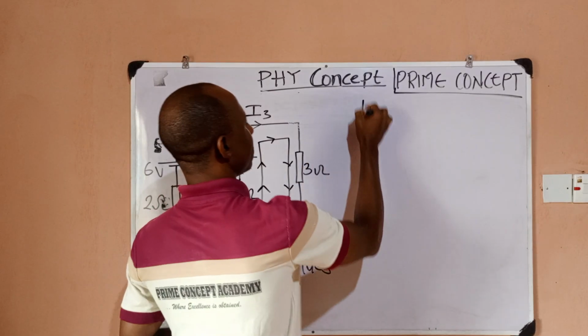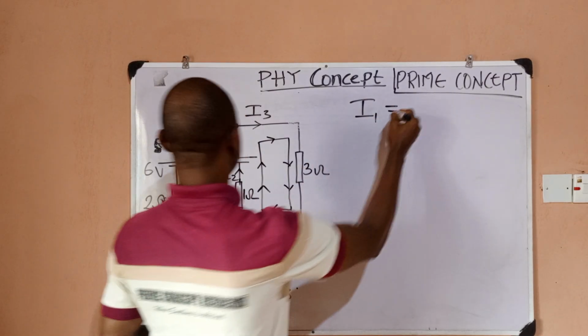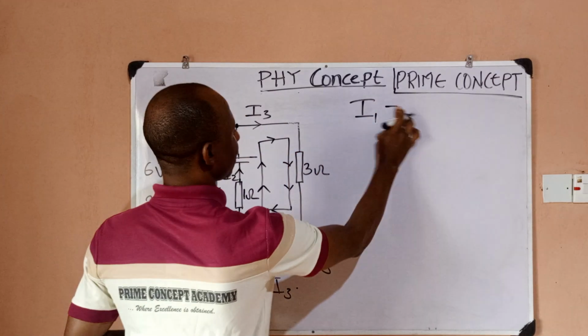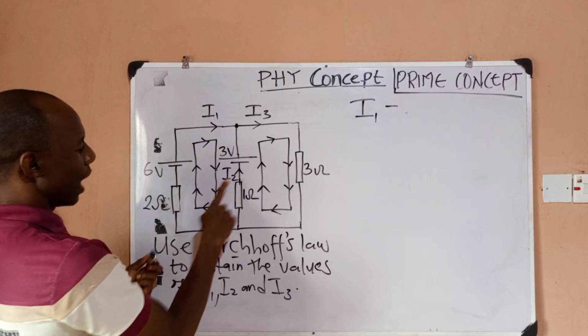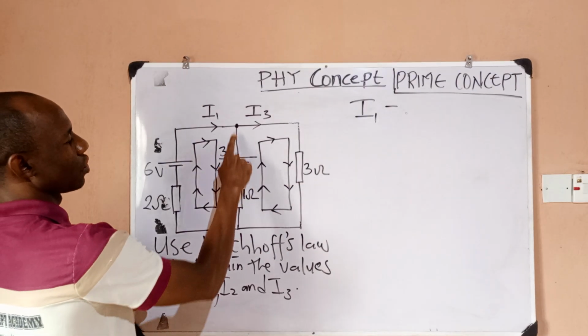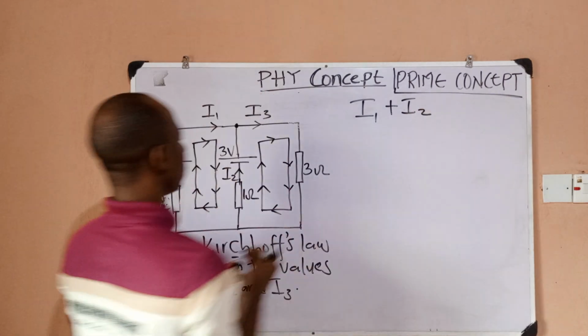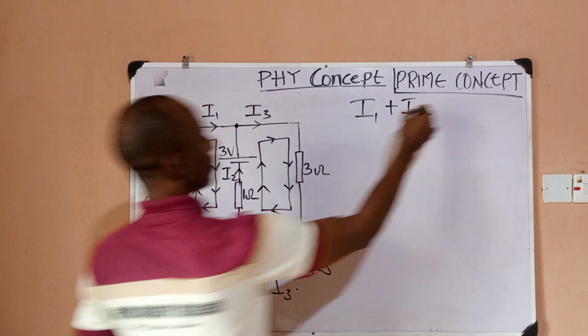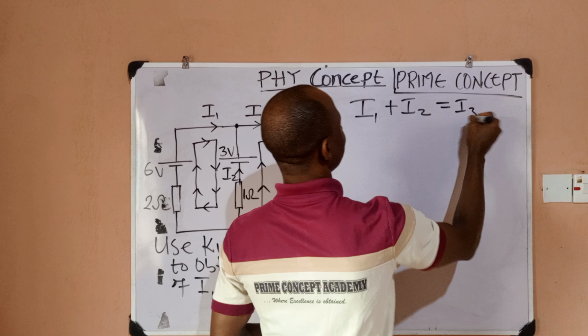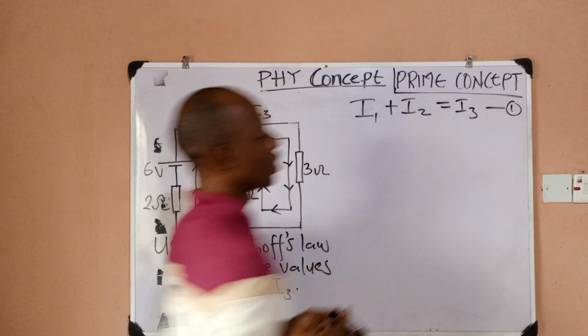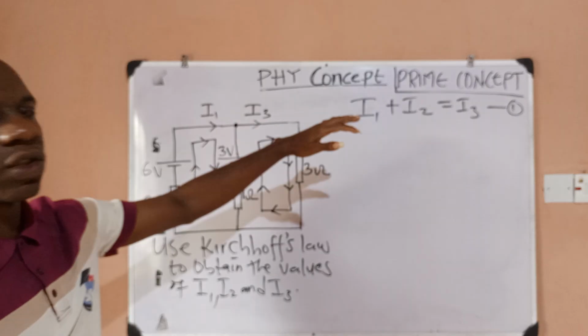So I have I1, plus, we still have another current going there, I2. I2 is also going to that junction. So we say plus I2 equals I3, which is leaving. So I1 + I2 = I3. I'm going to call this equation 1. This is our first equation for current.